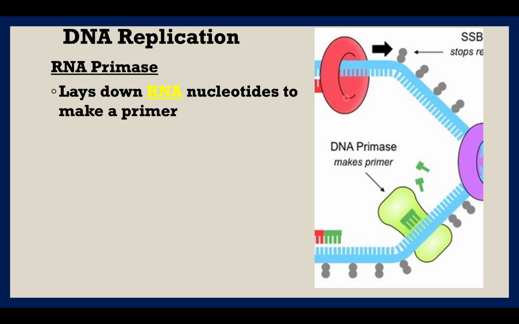Remember that nucleotides are always added to the 3' end, in the 5' to 3' direction. So a 3' hydroxy, a 3' end, is needed in order to begin adding new nucleotides in DNA. That is what the primer is doing. The primer, because it's RNA, does not need anything to begin synthesizing.